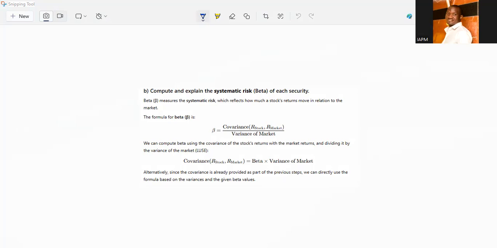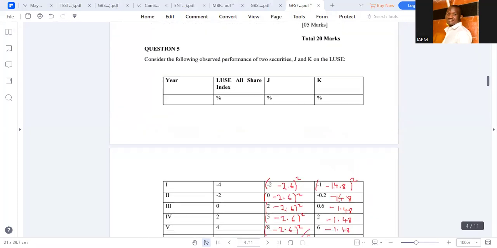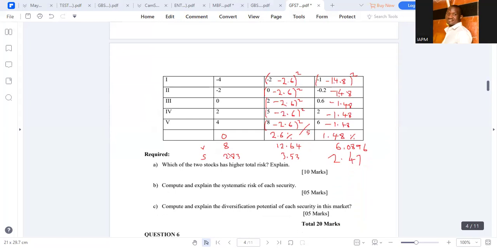What information do we have? To find the covariance for J versus the market, we need the sum of the returns for J minus the expected return, times the returns for Lucid minus the expected returns for Lucid.